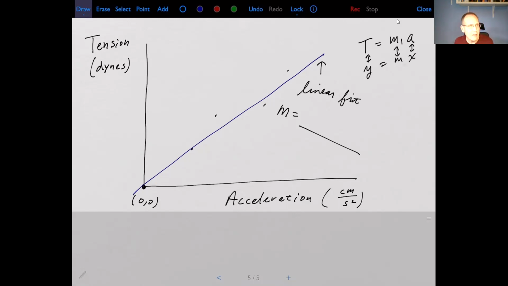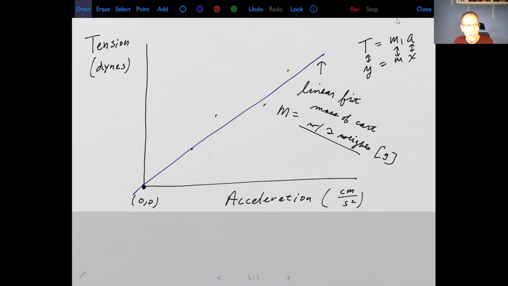And remember, in this part of the experiment, we left those two cylindrical weights on. So really the M here is the mass of the cart with the two cylindrical weights. So I'll say with the two weights. And it'll be in the correct units of grams.